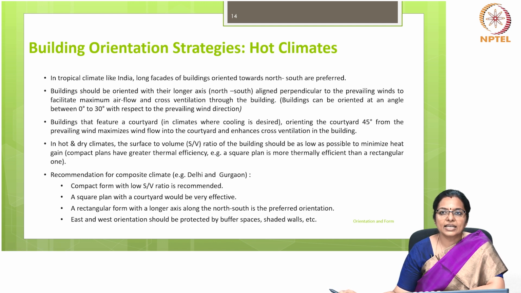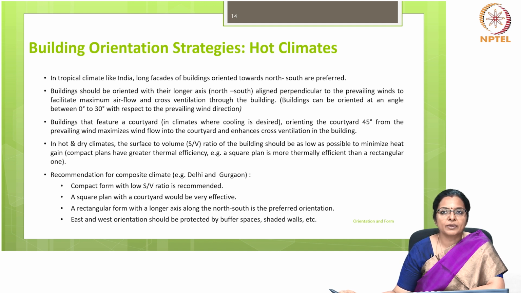By harnessing natural ventilation through strategic orientation, buildings can achieve better thermal comfort for occupants and reduced energy consumption associated with artificial cooling. In hot and dry climates such as desert regions, the design emphasis must shift towards minimizing heat gain. This is achieved by adopting a compact building form with a low surface to volume ratio.